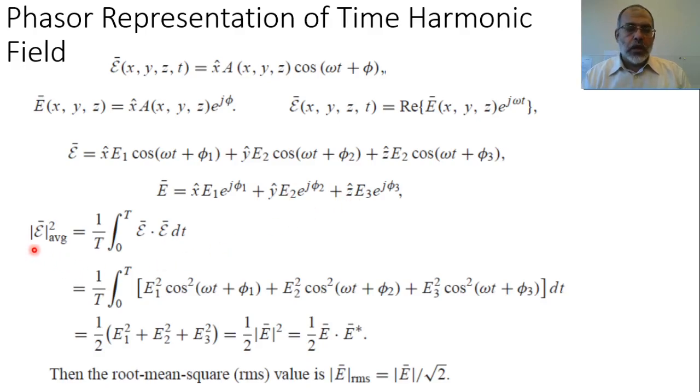So the average of E squared equals half the magnitude of the phasor quantity squared.